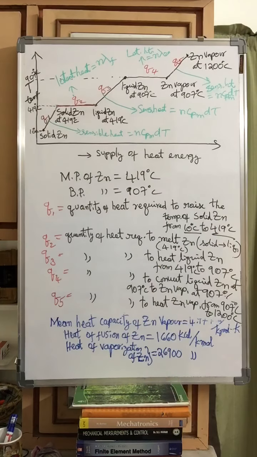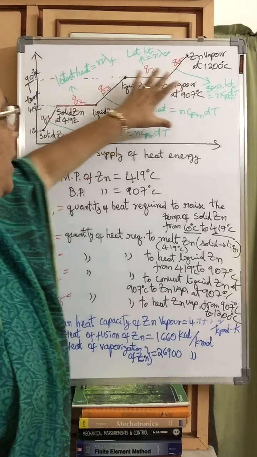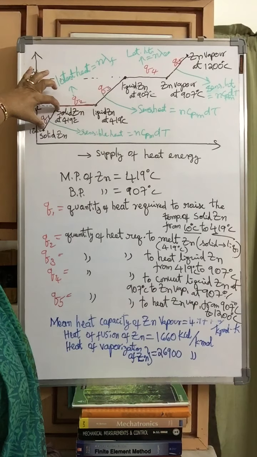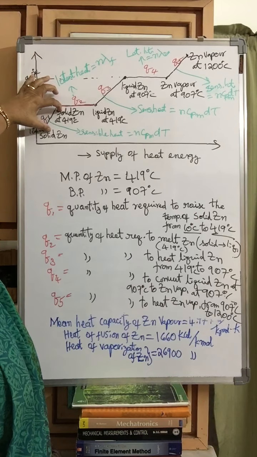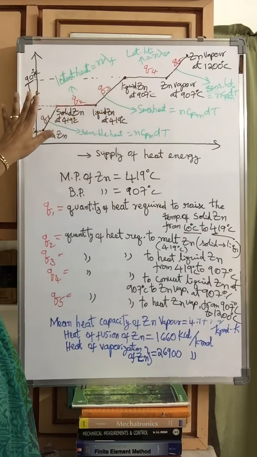Now using this diagram, you can easily understand this problem. For each stage, first calculate Q1, then Q2, then Q3, like that. All 5 Qs you calculate.